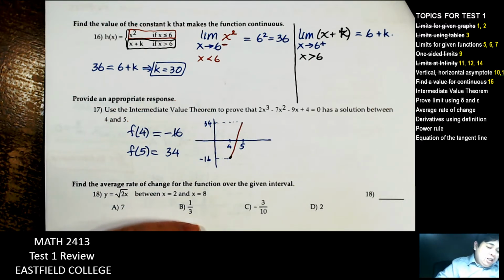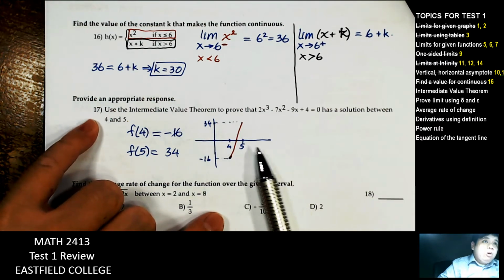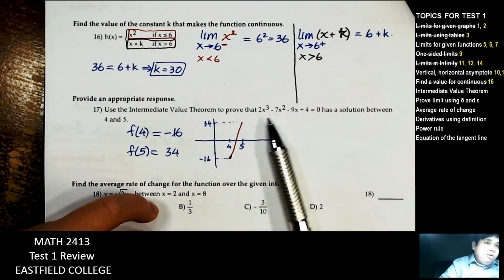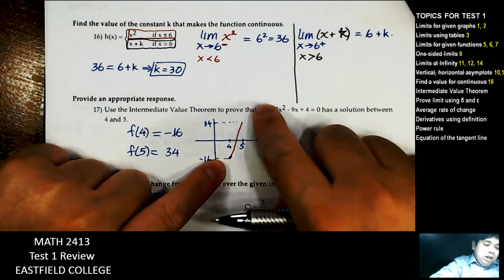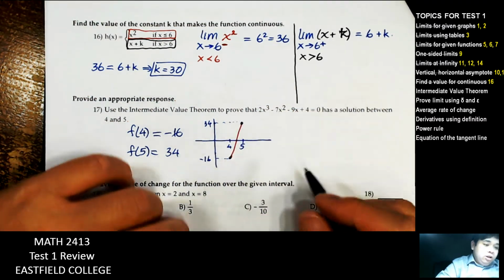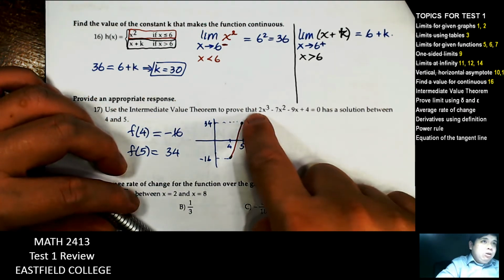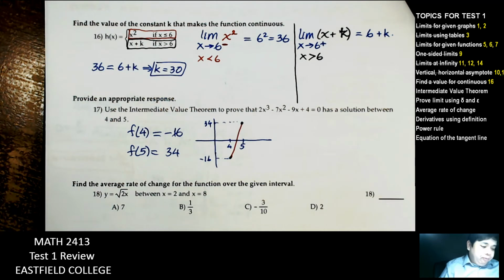So there has to be a 0 between 4 and 5, because this function is continuous. We cannot go around it because it would not be a function.